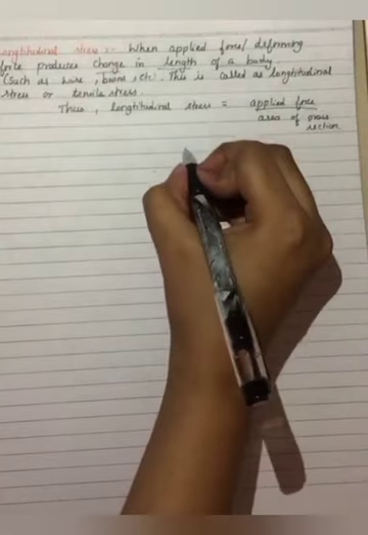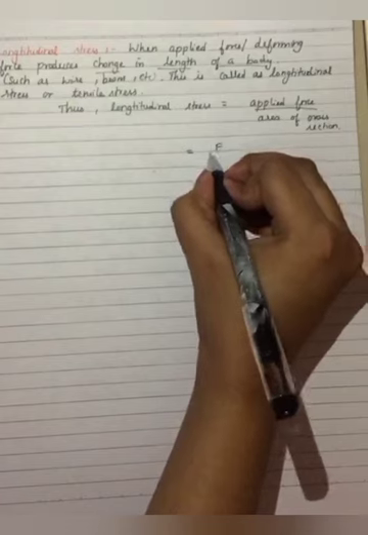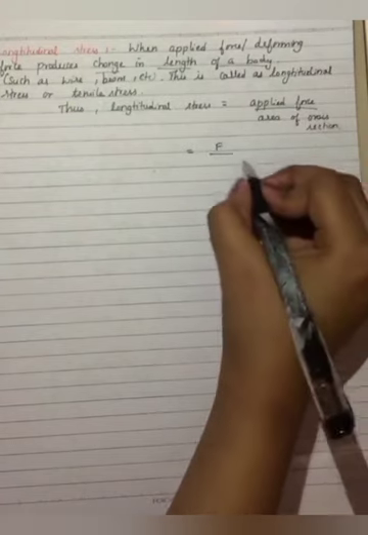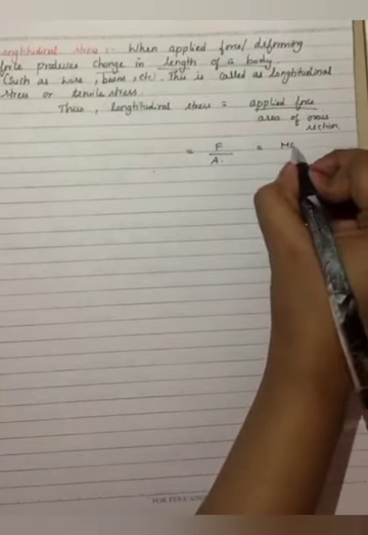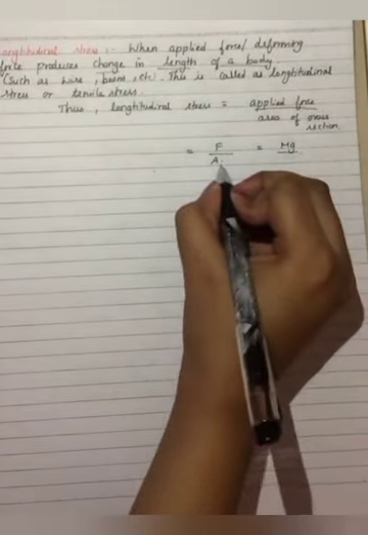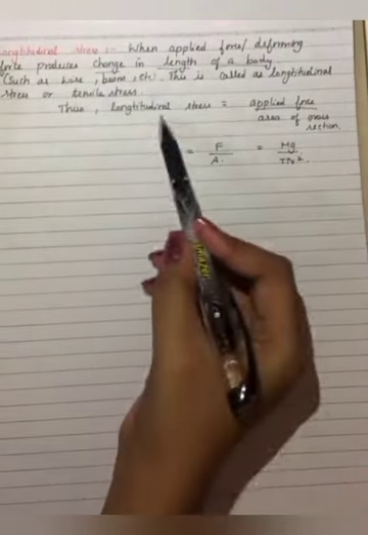That is, applied force means F, and area of cross section means A. Now, F is equal to mg. The area of cross section A is pi r square. This is the derivation of longitudinal stress.